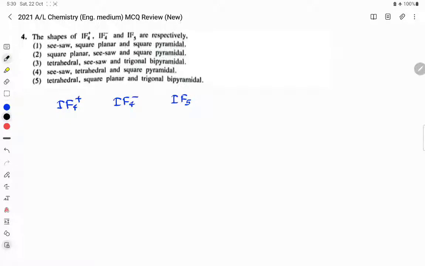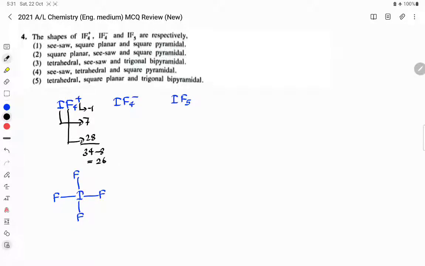First we have to calculate the number of electrons. Iodine gives us 7 electrons, fluorine gives us 7 into 4, 28. This means there's 1 electron missing, so this will be 34. Now if we draw the skeleton, iodine has 4 fluorines. So the skeleton has 4 bonds, therefore 8 electrons should be subtracted.